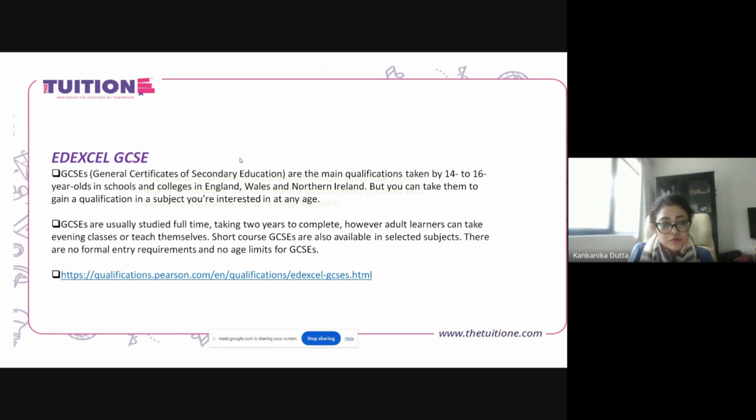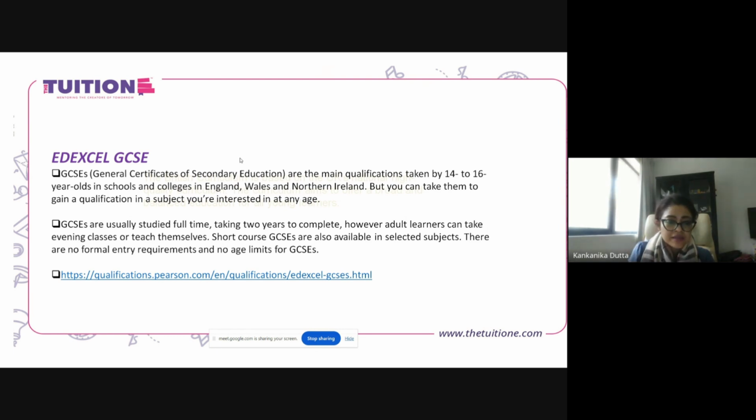But if you see the DFE, the Department for Education, you will see it is there from year 1 to 6, from lower primary to higher primary. The lower primary is 1, 2, 3, 4 according to the UK board, and the higher primary is 5 and 6. There is a lot of focus not only on grammar but also on phonics.